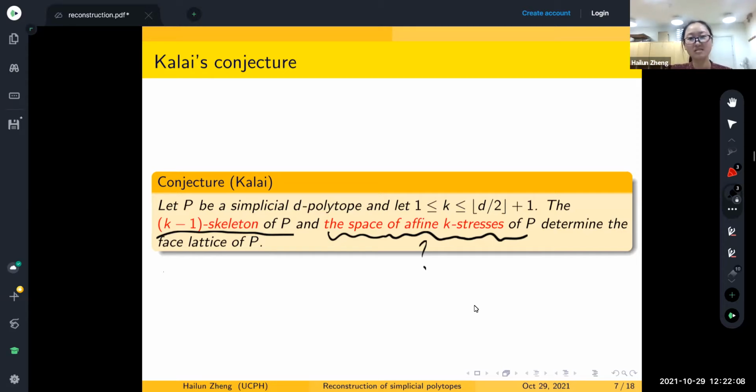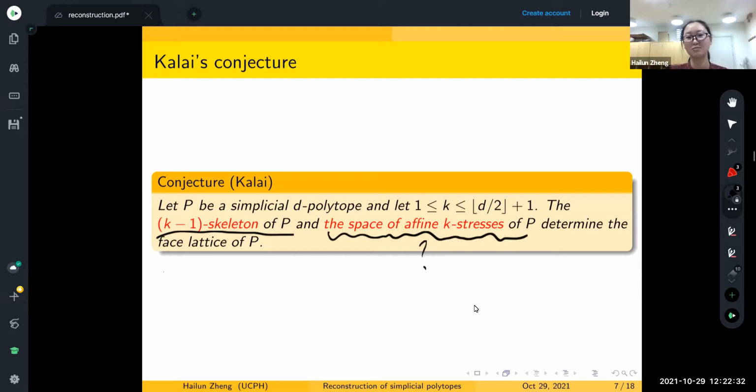So what is this space of affine K stresses of P? I just want to give you some motivation. This is just functions that we could define on a polytope. So we could understand the spaces in two different ways, right? We could understand this vector space. Alternatively, we could also define the functions on the vector spaces.